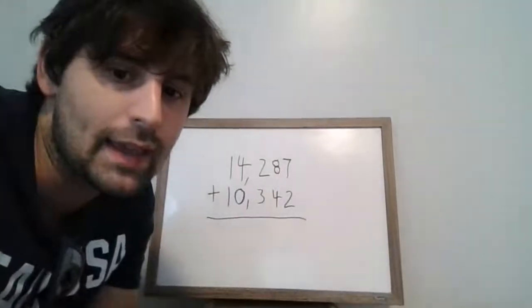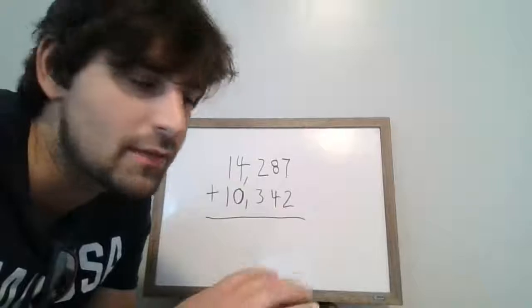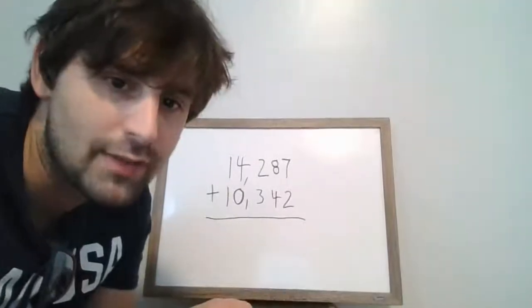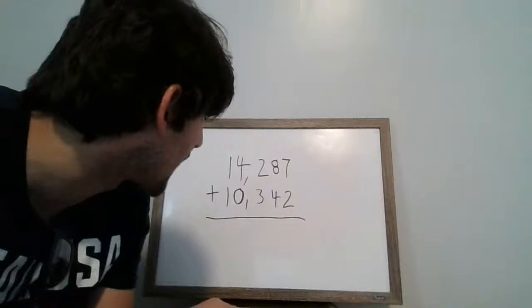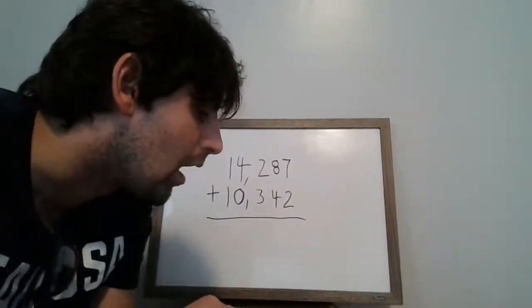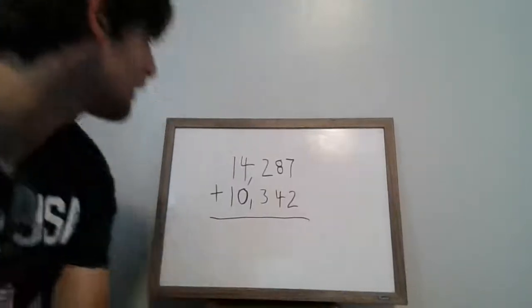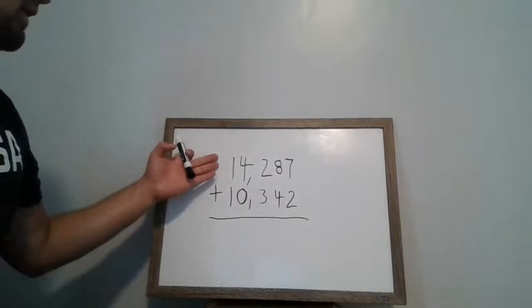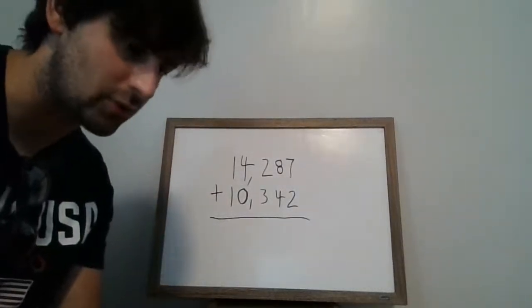We are going to be rocking with addition of multi-digit numbers, specifically numbers that are 5 digits. Now, the strategy for solving addition problems that are 5 digits, that means we're going all the way to the 10,000s place, is pretty much the same as if we were solving with 2-digit numbers or 3-digit numbers.